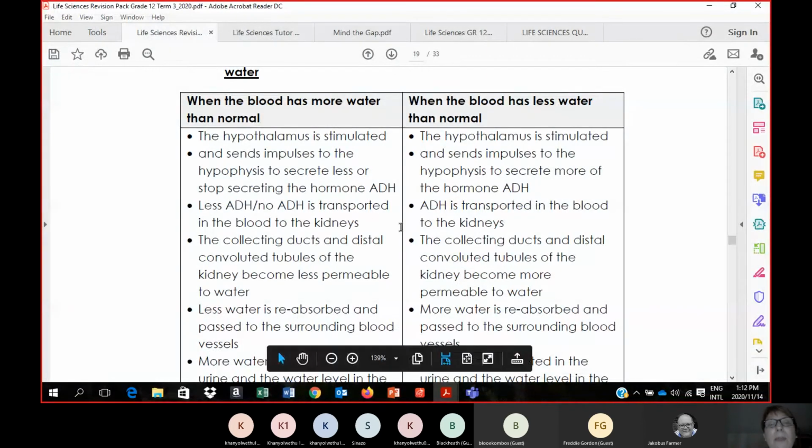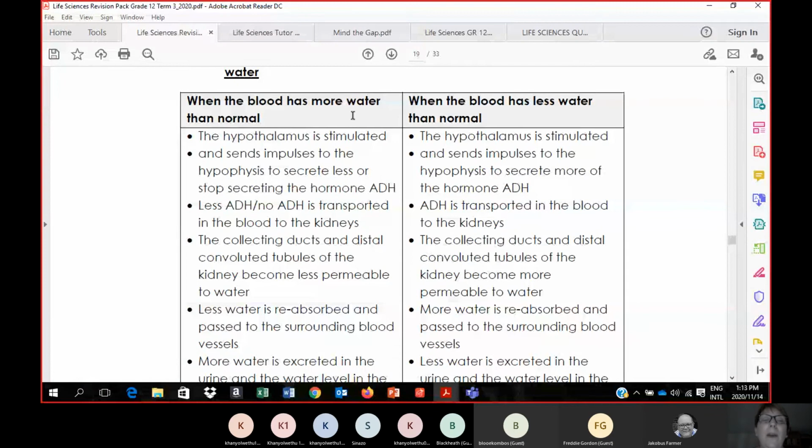Okay, so firstly, water. Let's say that you've drunk huge amounts of water and it's winter, so you haven't sweated much, and obviously that water that you've drunk needs to be excreted, right?